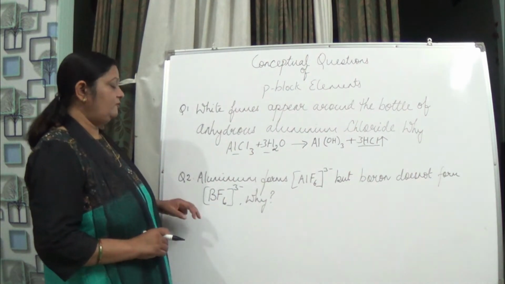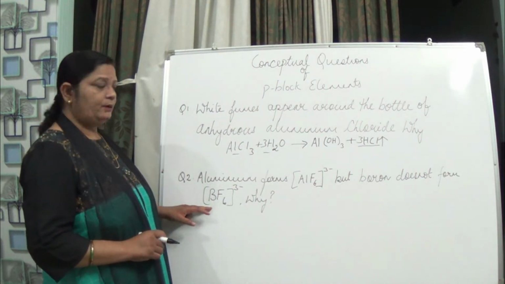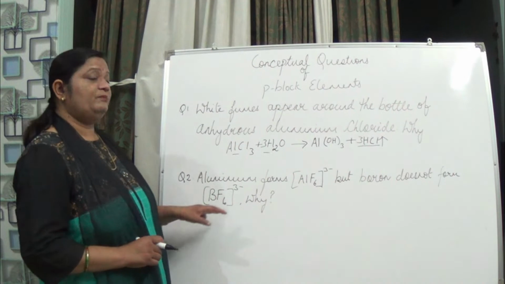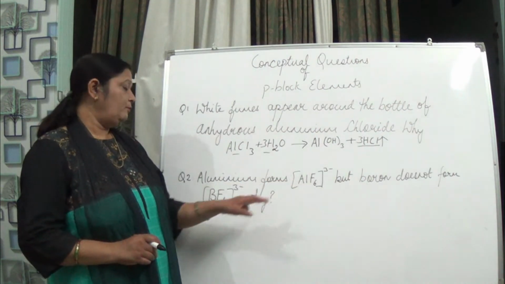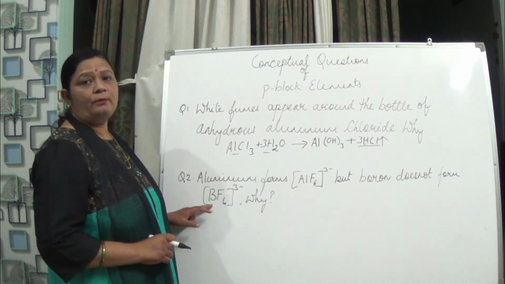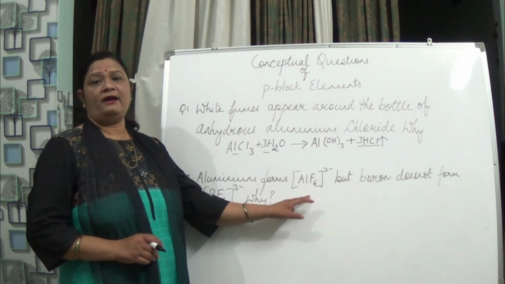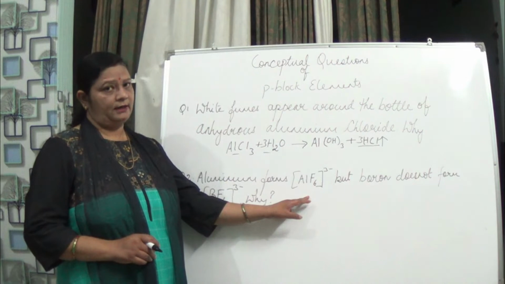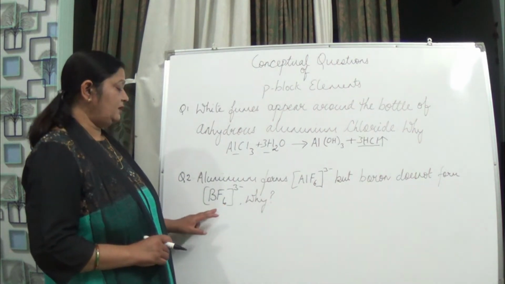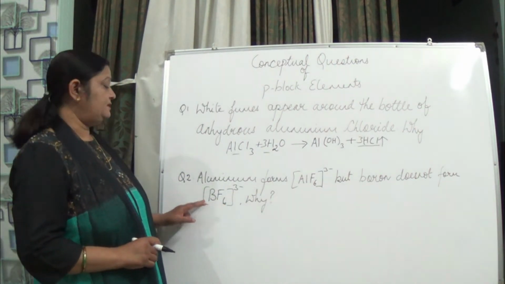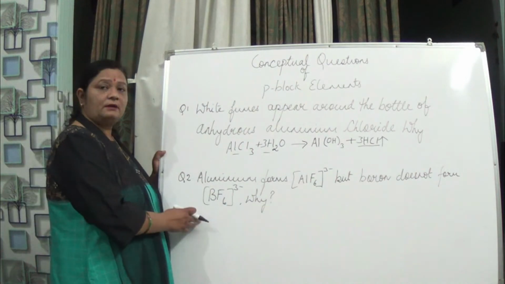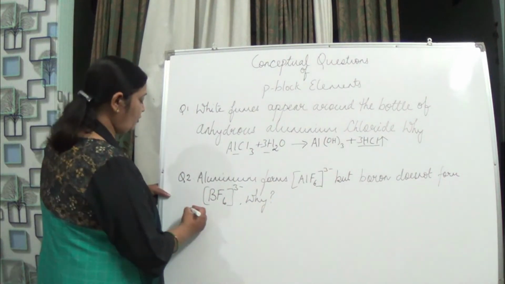And if we talk about the size, here you will see that boron has the atomic number 5 and aluminium has the atomic number 13. So naturally boron's atomic number is less, it is 5.